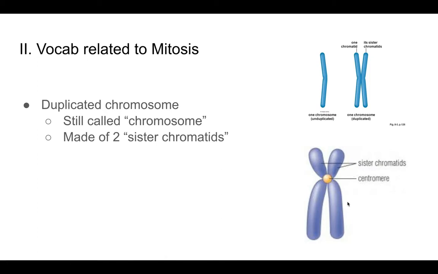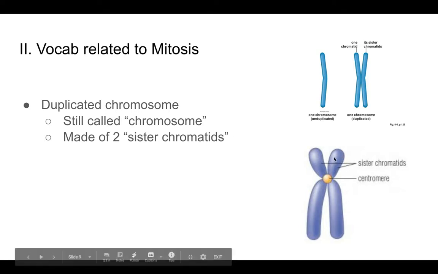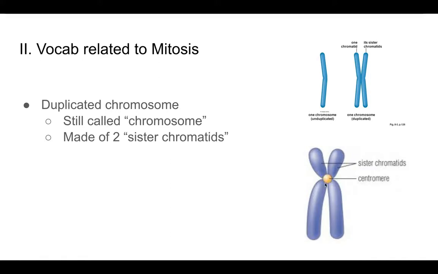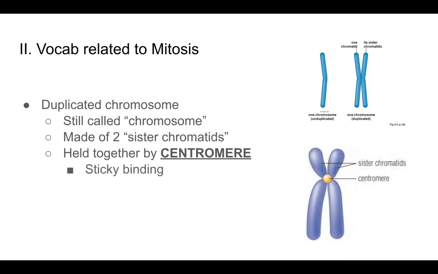So make sure that you label on the diagram in your notes that each side is called a sister chromatid, and collectively we would refer to it as a chromosome. We still call it a chromosome. And then there's this little sticky thing in the middle holding the sisters together, and that is called a centromere. So that language is pretty important as we look at the steps and stages of mitosis. Sticky binding here holding the sisters together.